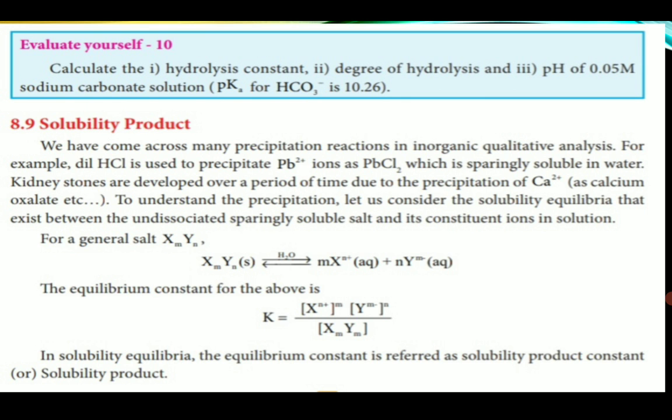So in this case, K is equal to X n plus power m and Y m minus power n divided by XmYn concentration. So this is what you call solubility equilibria.